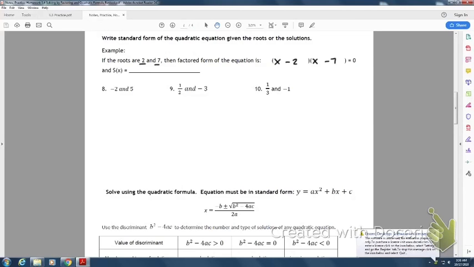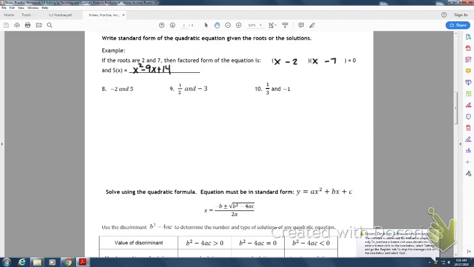And then what do I need to do to that factored form to get to standard form? What is that method called? FOIL. If you prefer to do box on that for multiplication, you can. Yes, it's a form of distribution.